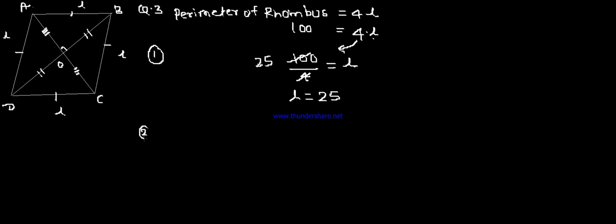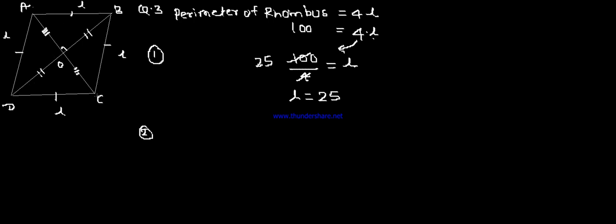Now in the second part, they have given you the length of one diagonal. In a rhombus you can see there will be a major diagonal and a minor diagonal.